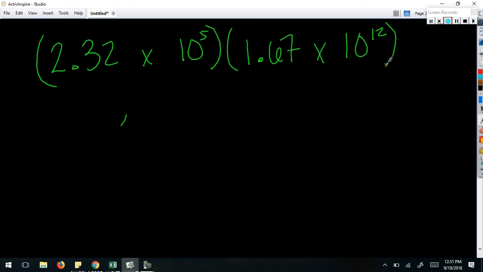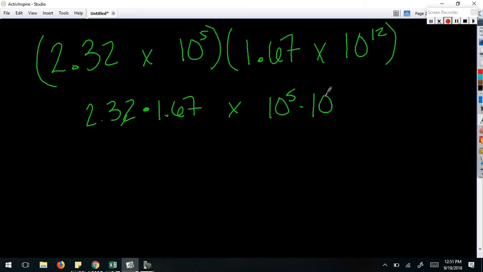Commutative, which means that I can do it in any order. So I'm going to multiply the numbers in front. How did you get that? 12 times 5. And then I'm going to do the tens. Because, yes, I can add these exponents here, okay? So what is 2.32 times 1.67?